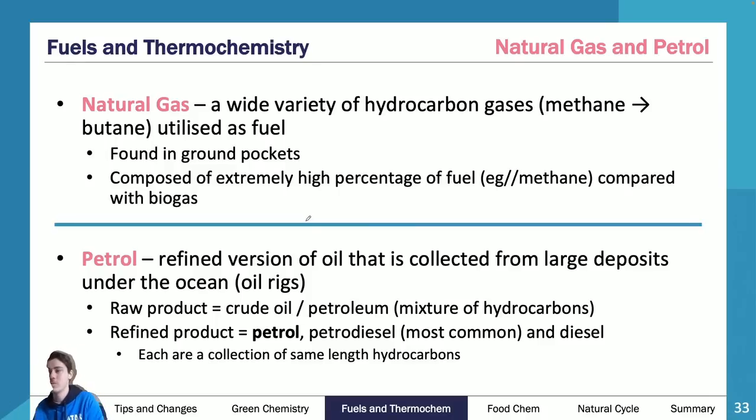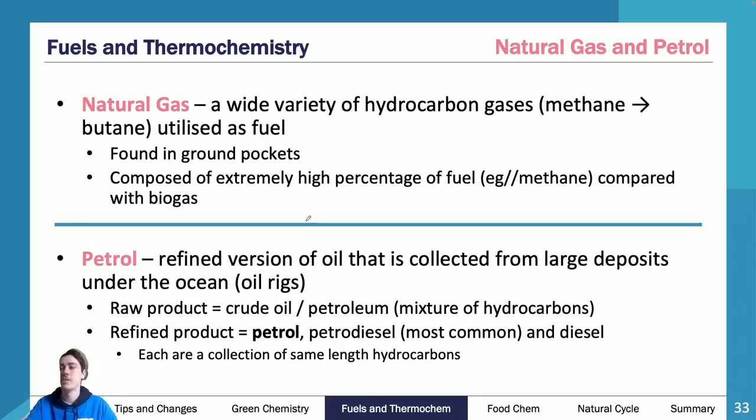The reason petrodiesel is most common is it has a lot of different ones combined. Petrol is usually purely octane, or maybe a little bit of 9 carbon, but usually just 8. Diesel is again a very small range of 16 to 18, whereas everything in the middle is petrodiesel.